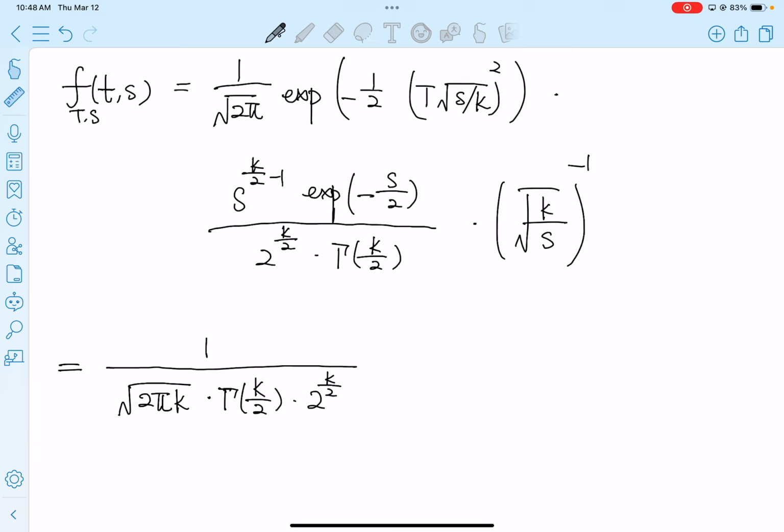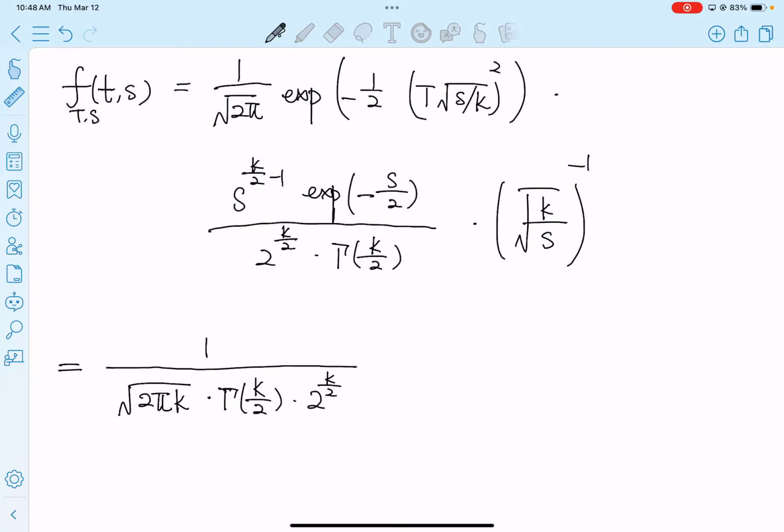Okay, next I'm going to group the remaining terms. They all seem to involve s, so I want to group them nicely to perform my integration later.